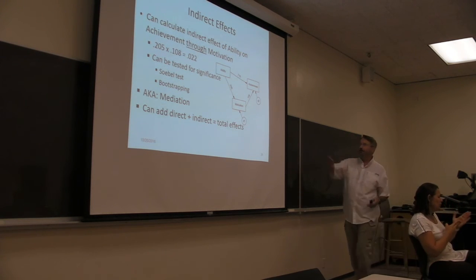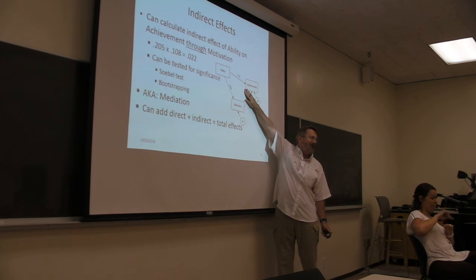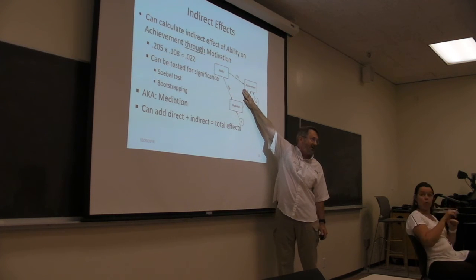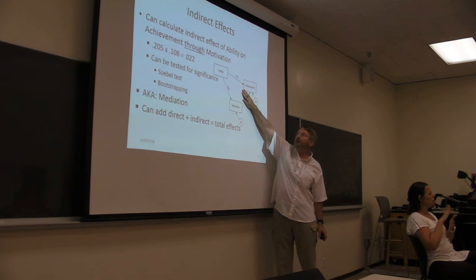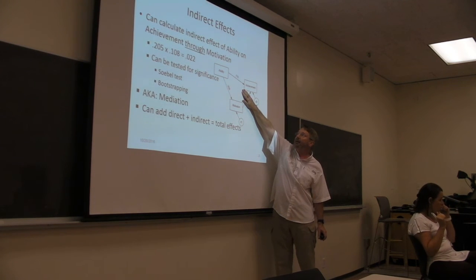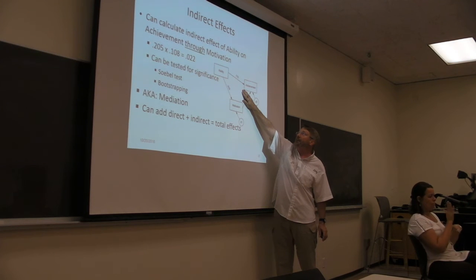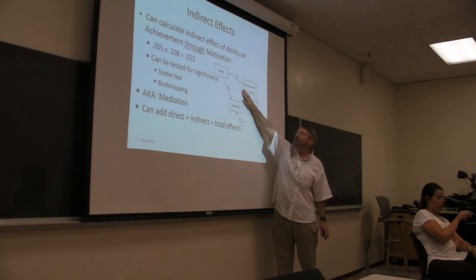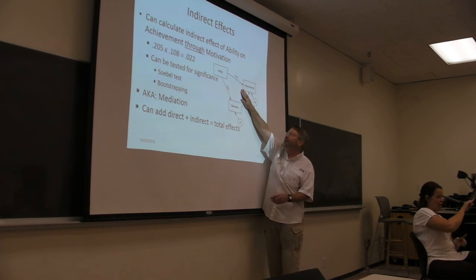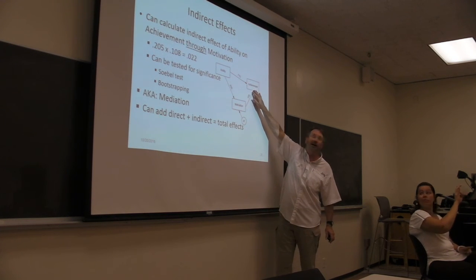But just think that if we didn't have this path here, and we said, okay, given that model right there, what is the correlation matrix that it implies? It would imply a correlation of 0.715 between ability and achievement, a correlation of 0.205 between motivation and ability, and a correlation of 0.205 times 0.715 for this correlation.